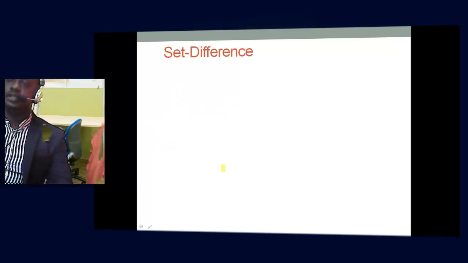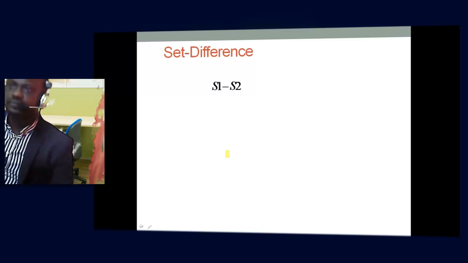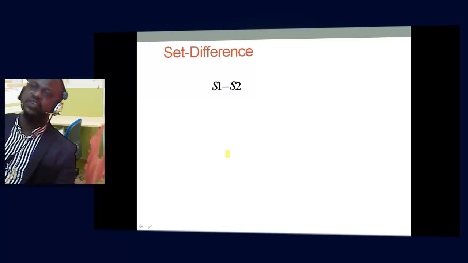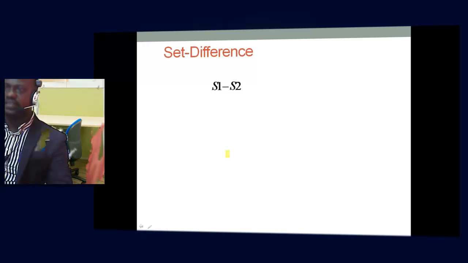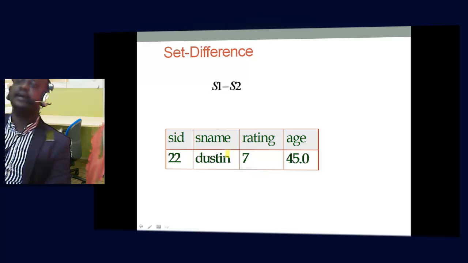Now the next item is the difference. When you talk about S1 minus S2, we are saying those items that are in S1 but not in S2. So when you consider the two tables, you'll be given this.